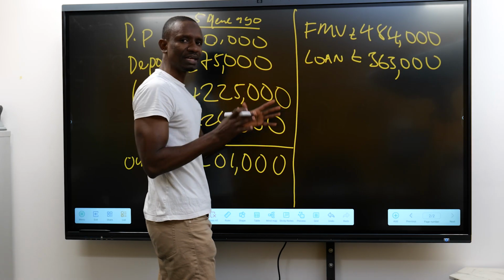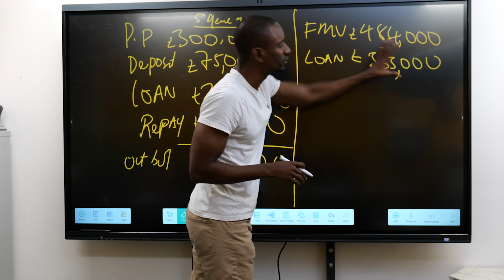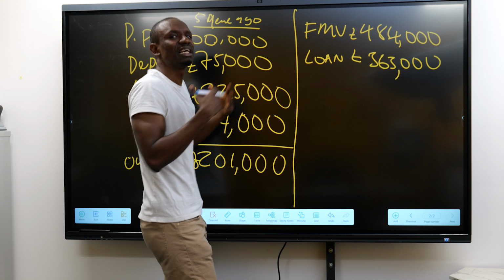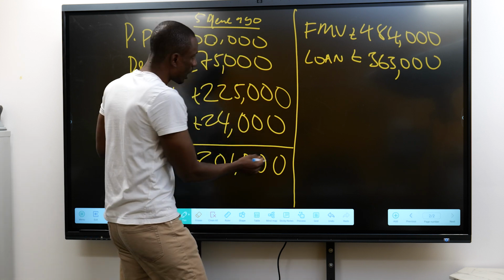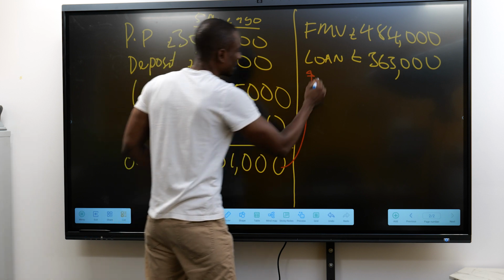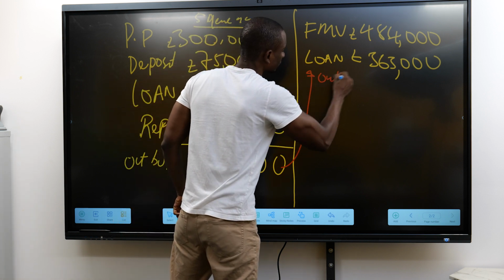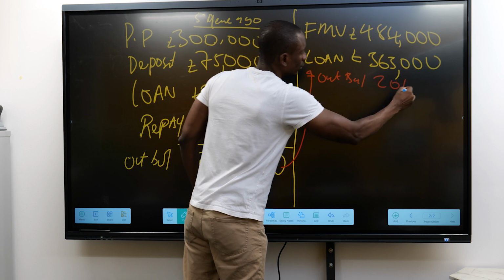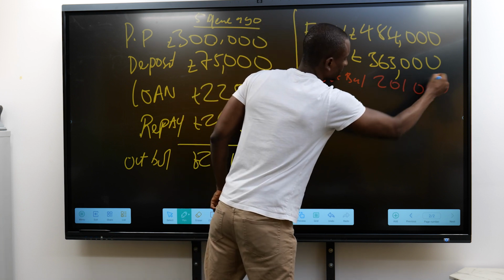So at that point then, once we know we may be able to get that money, what we're going to do is to look for our existing loan. We know our existing loan, our outstanding mortgage balance, is £201,000.